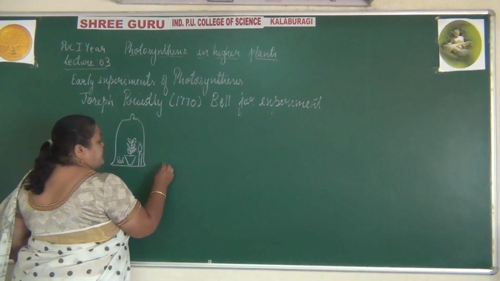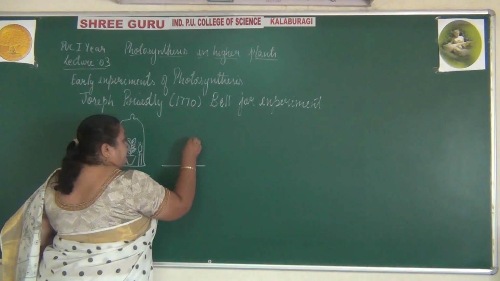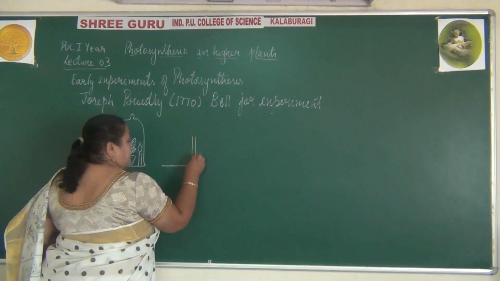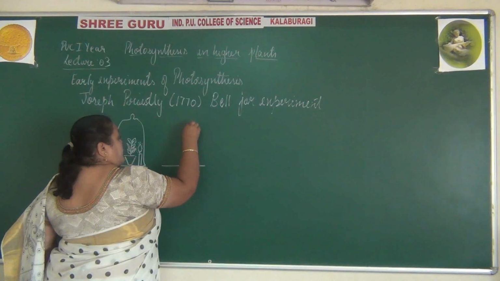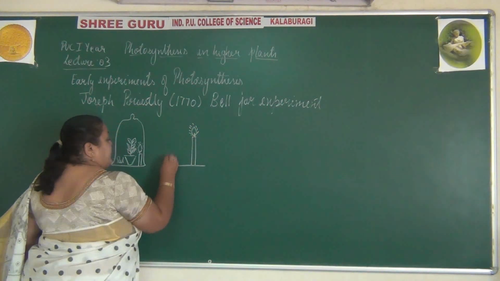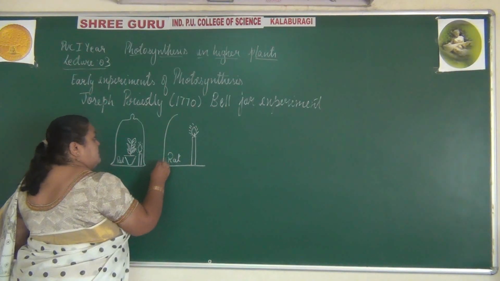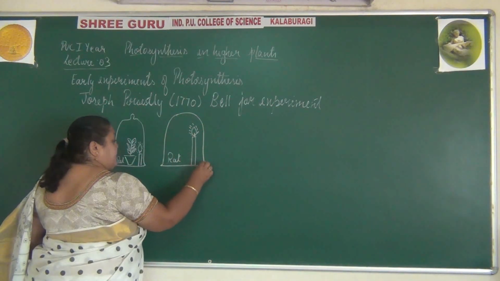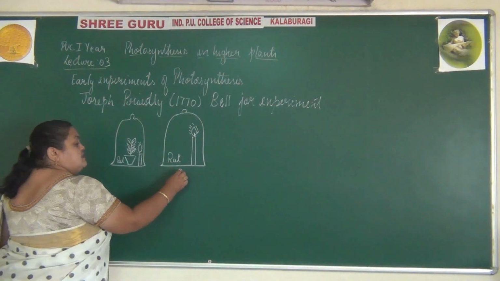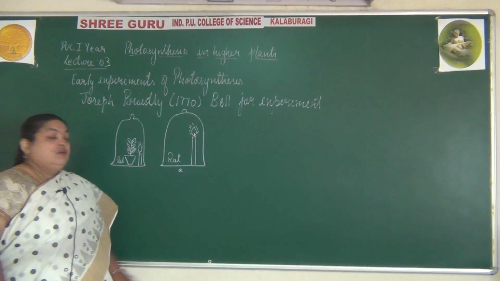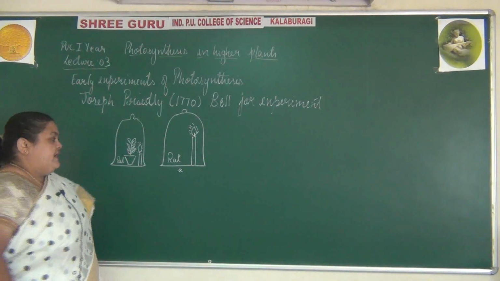In the first setup of the bell jar, he lighted a candle and placed the rat. In the first setup, he placed a burning candle and a rat.